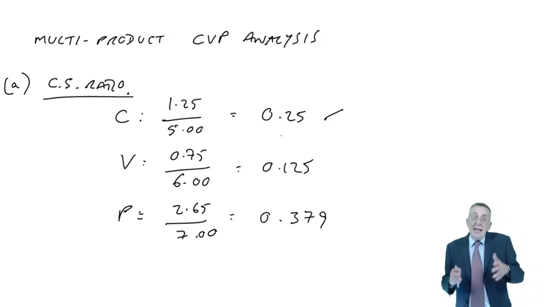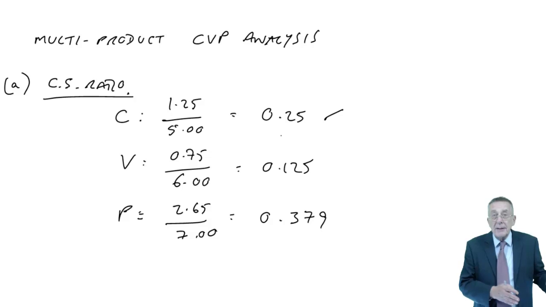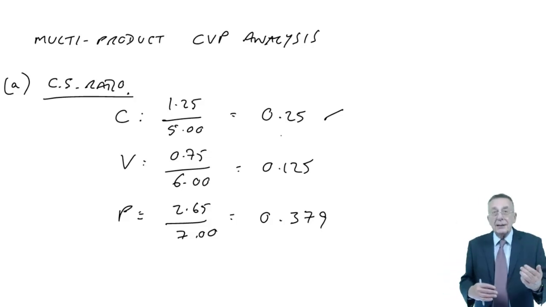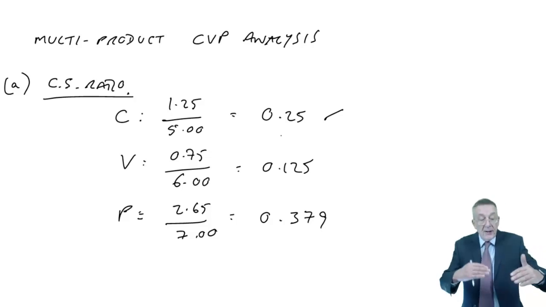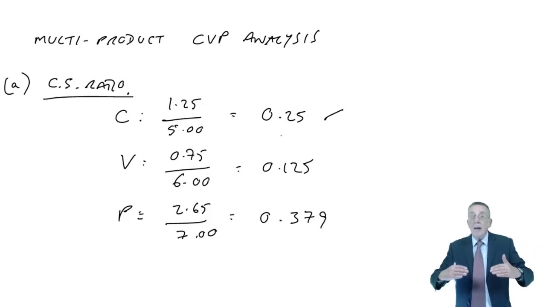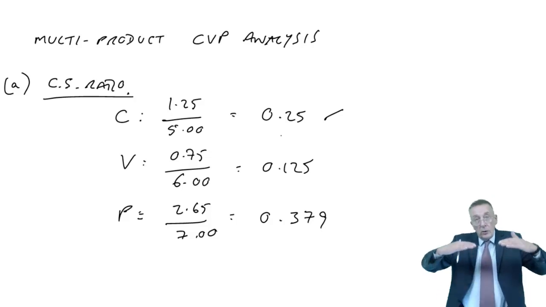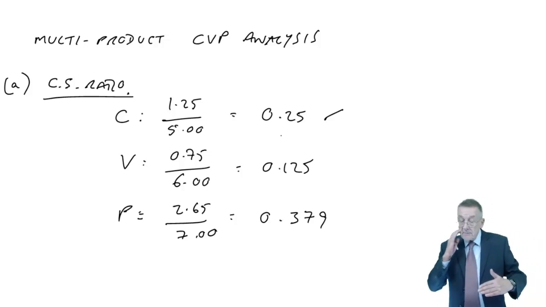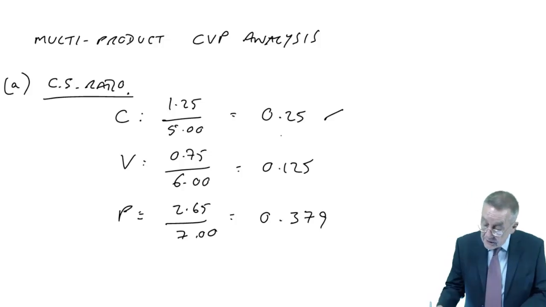If we sell 10% less, it's 10% less of all of them. It's not just that we sell more of one, less of another. We're hoping to sell those quantities in the question, but they might all be higher, they might all be lower. On that basis, we're going to work out the average CS ratio.